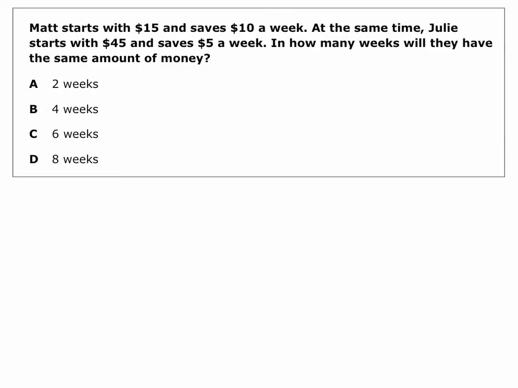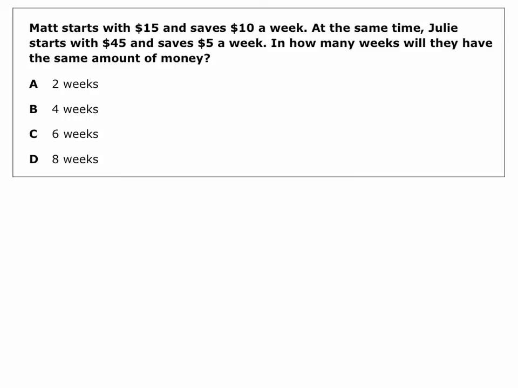This last example says Matt starts with $15 and saves $10 a week. At the same time, Julie starts with $45 and saves $5 a week. In how many weeks will they have the same amount of money? I'm going to use T for total amount of money and W for week.